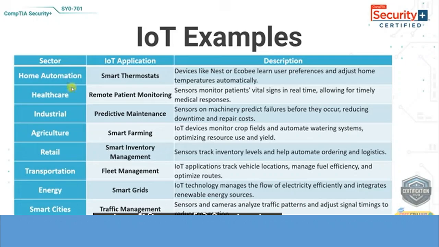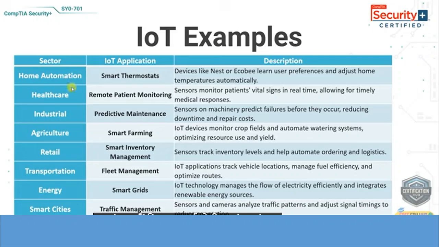In home automation, a smart thermostat is a very good example. In healthcare, remote patient monitoring is an IoT application. In industrial, predictive maintenance is an IoT application.